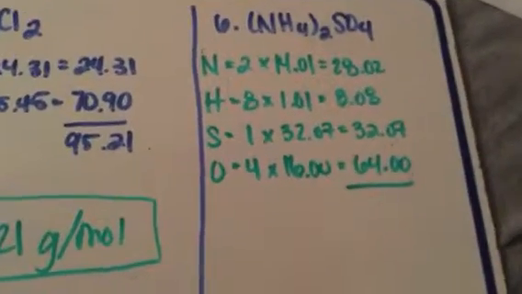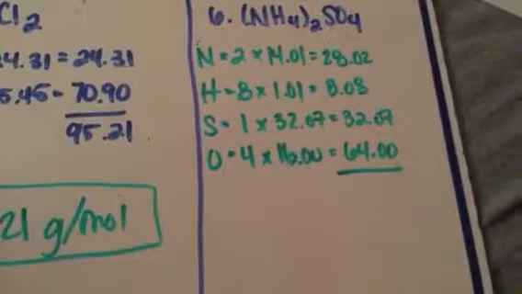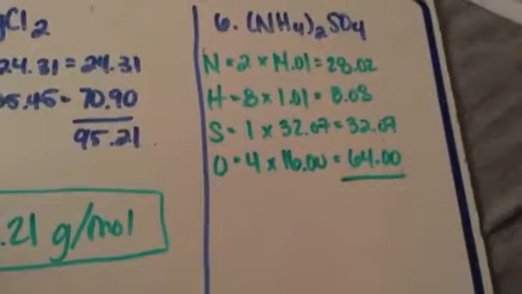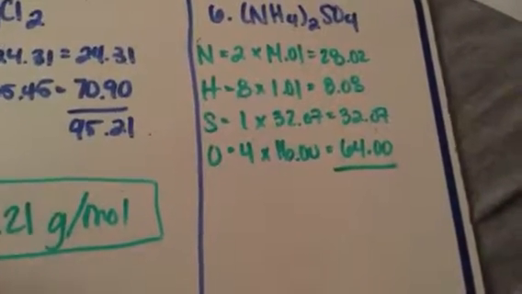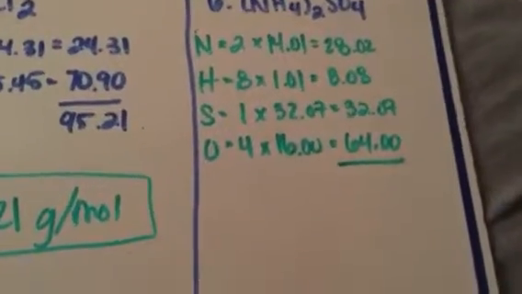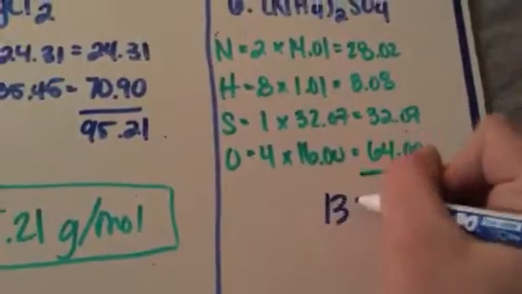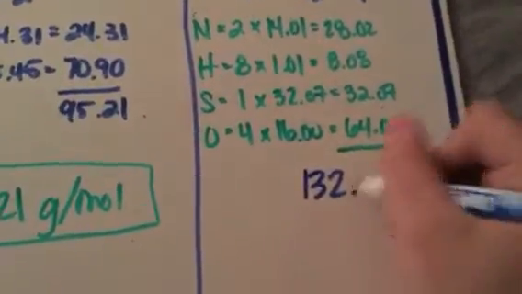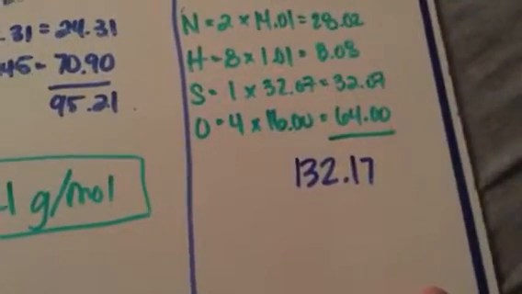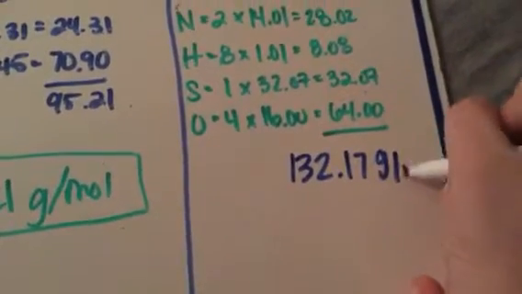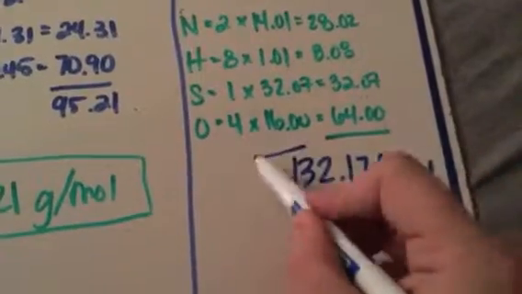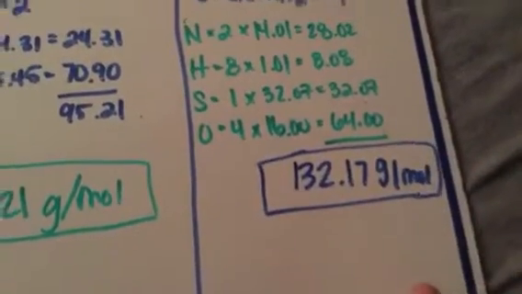So we'll say 28.02 plus 8.08 plus 32.07 plus 64. Add that all up together and you get 132.17. And don't forget your unit of grams per mole. Box in your answer and you're done with this section.